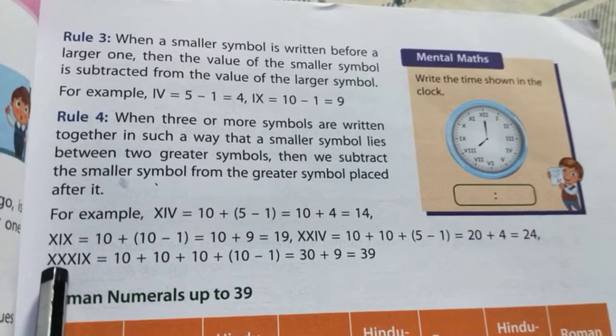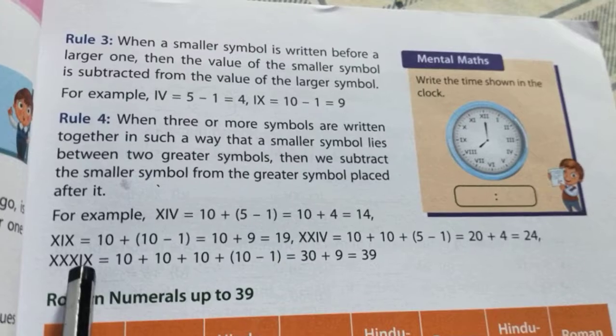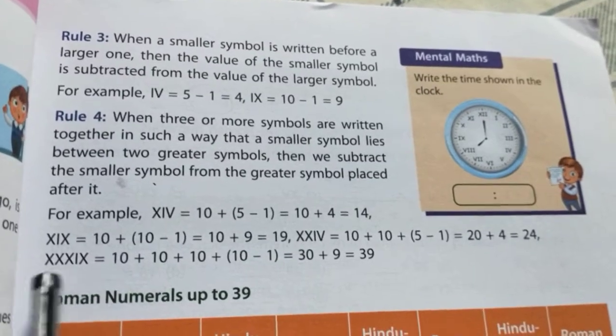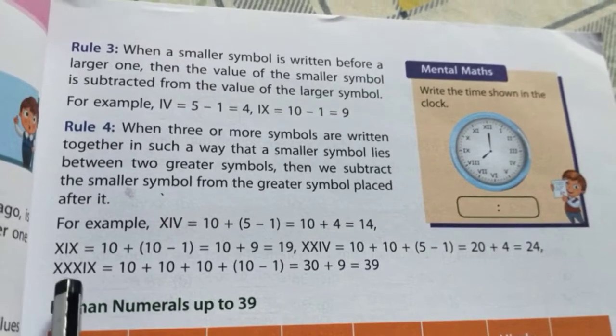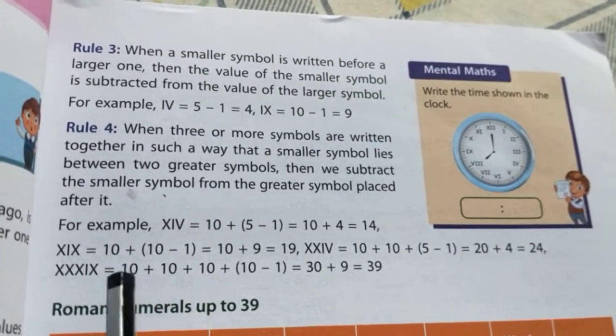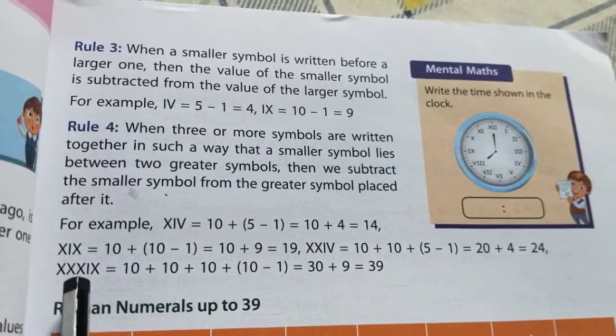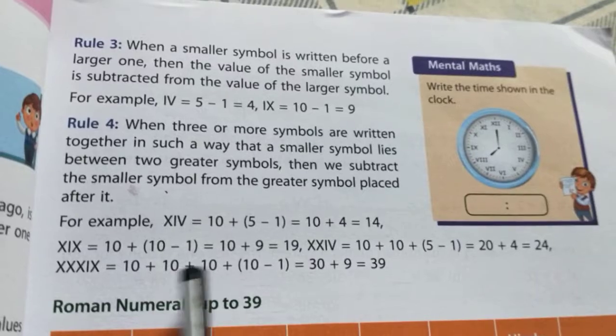Again, if there is written XXXIX, you know X is equal to 10, so you write 10 the number of times X is written over here: 10, 10, 10.